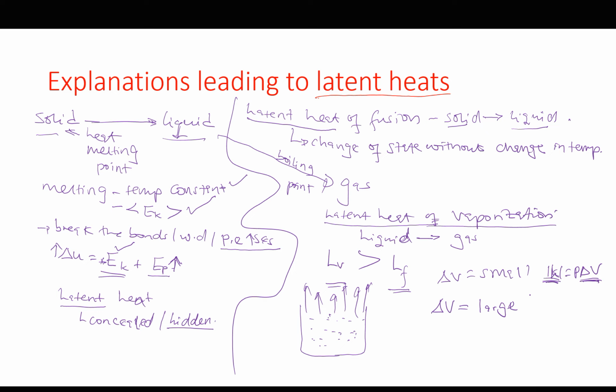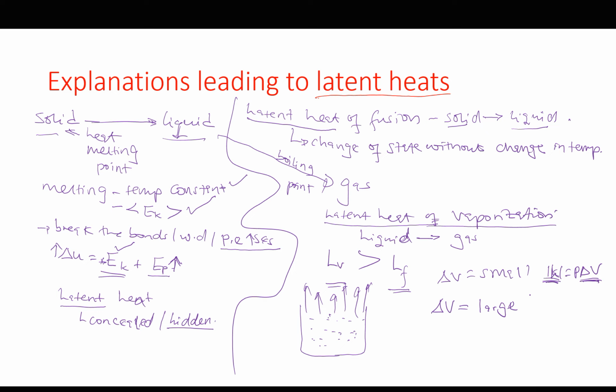The energy required to completely separate the molecules is greater than the energy required to simply break the bonds in the solids. So in the liquid to gas, energy is required to completely separate the molecules. Yet from solid to liquid, energy is just required to break the bonds. Furthermore, energy must be provided to push back the atmosphere as the liquid turns to vapor.